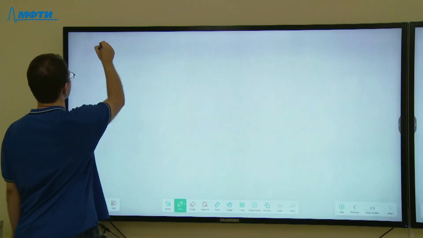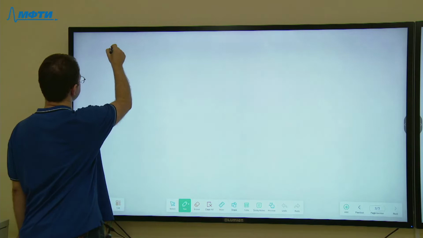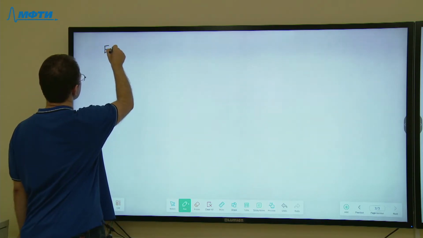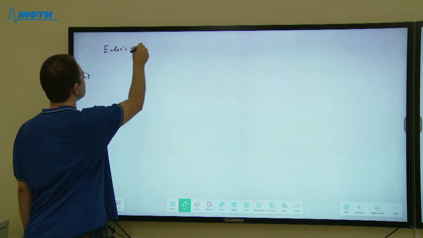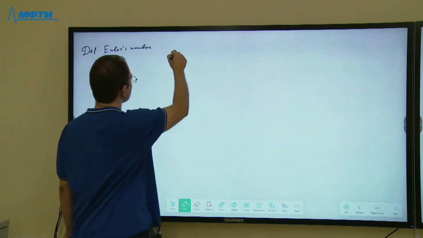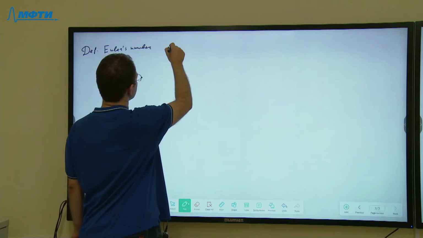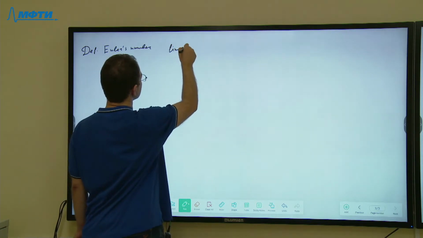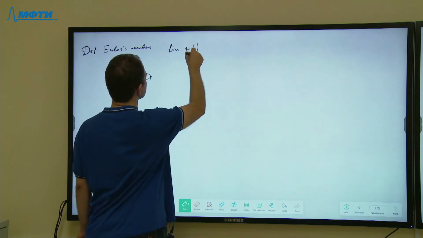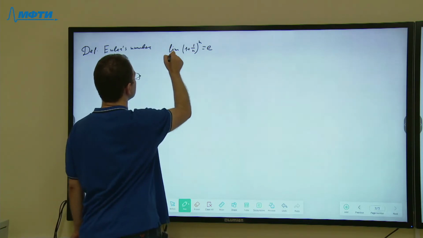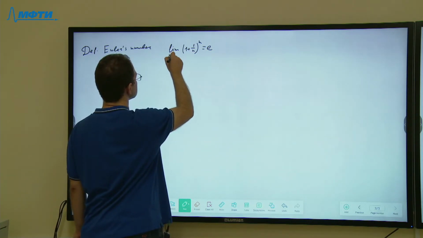Now we have this sequence, Euler's number, definition. The limit of (1 plus 1 over n) to the power n equals e, as n tends to infinity.